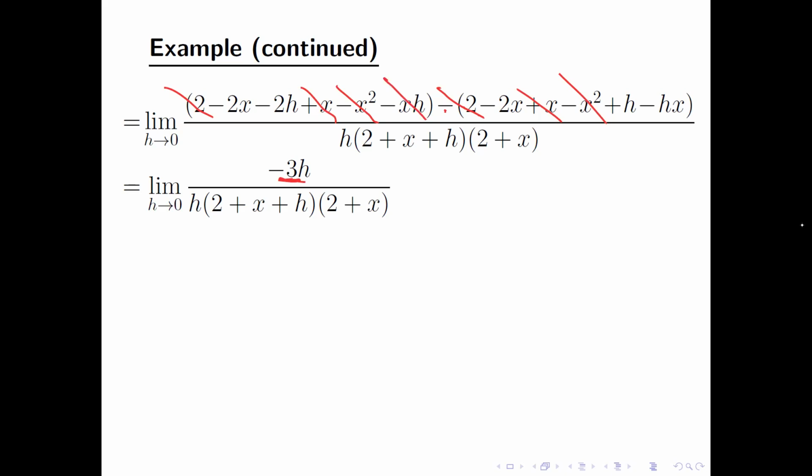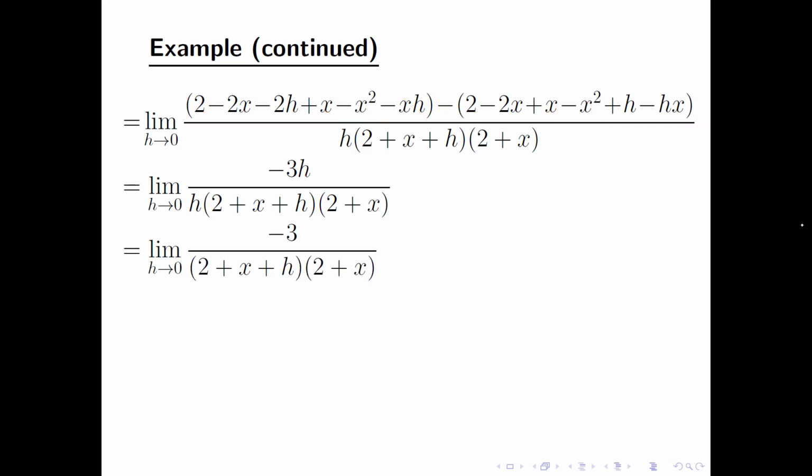So in our numerator now, we are left with minus 3h. And one may check the h and the h will divide each other. So now in our numerator we are left with minus 3, and in our denominator we're left with 2 plus x plus h into 2 plus x.